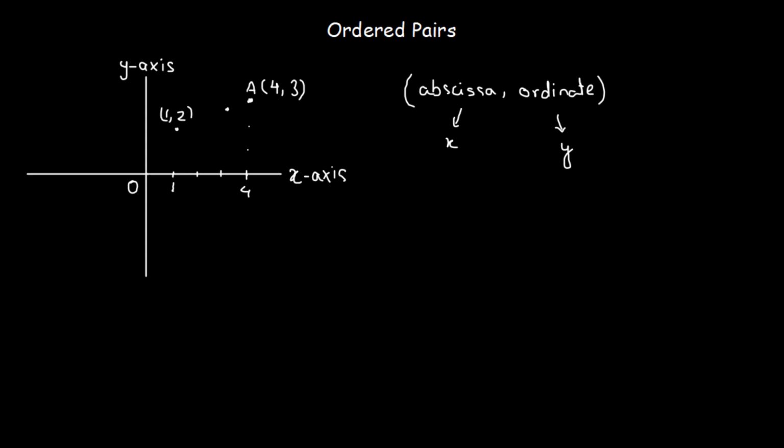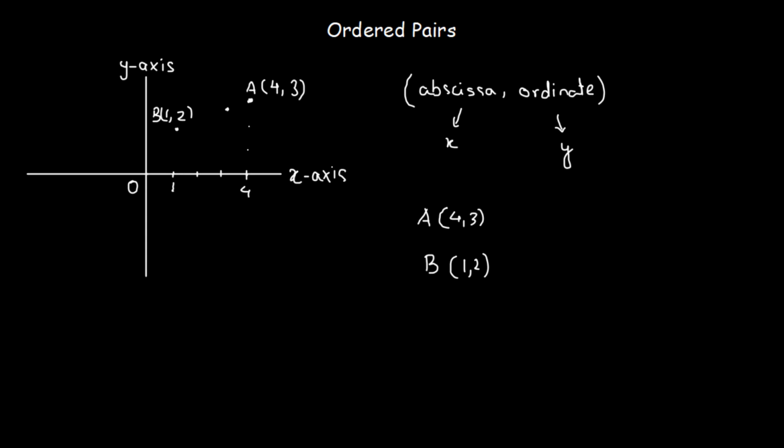Let this be another point B. So this point A is represented by the value 4, 3, whereas point B is represented by the value 1, 2. These are called ordered pairs. So this is how we represent an ordered pair in a Cartesian plane.